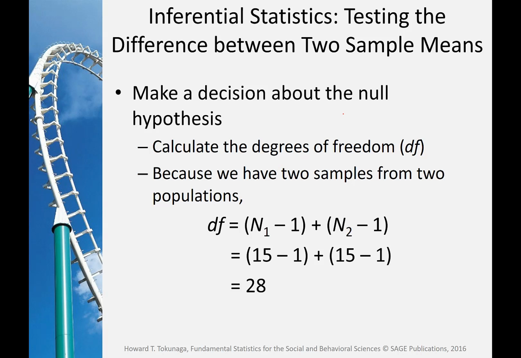We have two samples, the intruder and the no intruder group. We actually have to combine the degrees of freedom for the two groups. Now, we've calculated statistics, like the mean of those two groups. So we've used up a degree of freedom. So our degrees of freedom are going to be the number in group 1 minus 1 for that group, plus the number in group 2 minus 1 for that group.